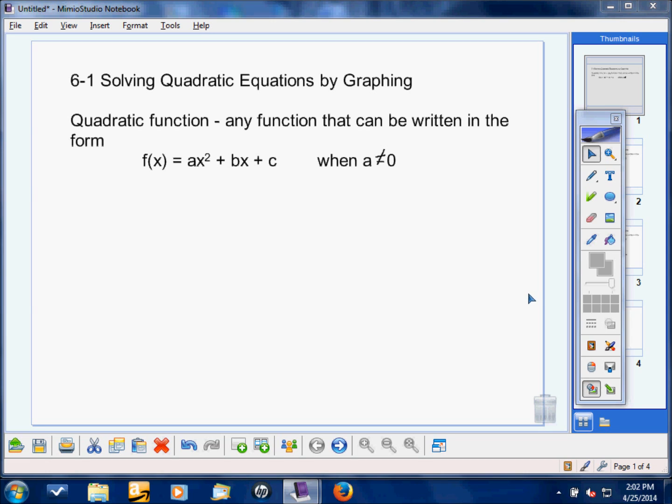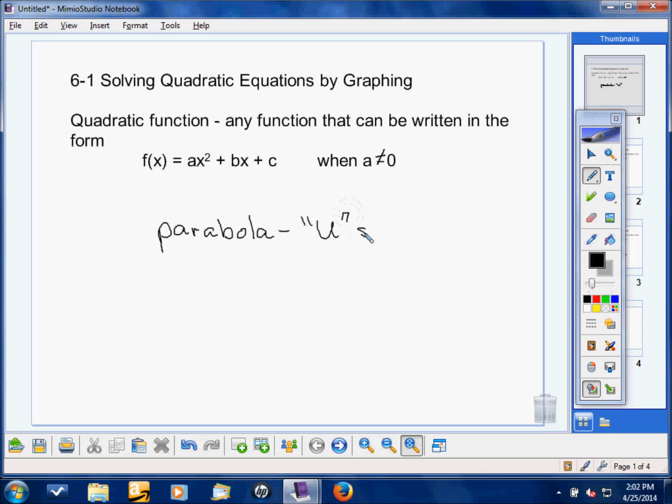We will take a long time looking at them. It comes out to be a parabola, which is basically a U shape. Okay, so that's the special name for the shape you get.